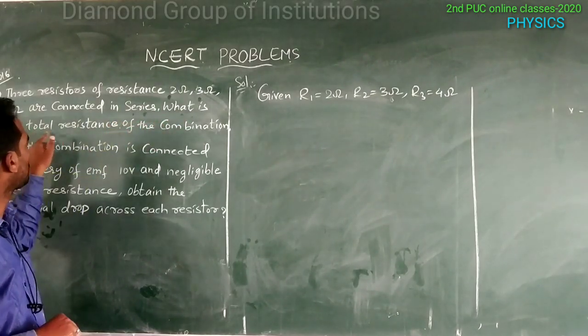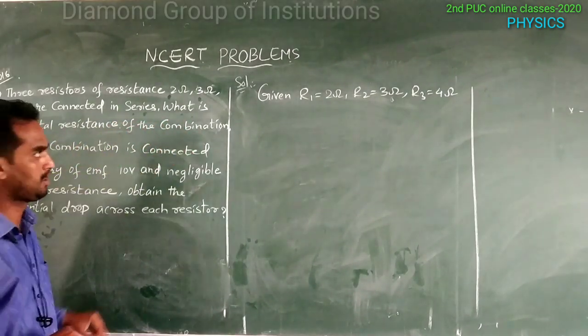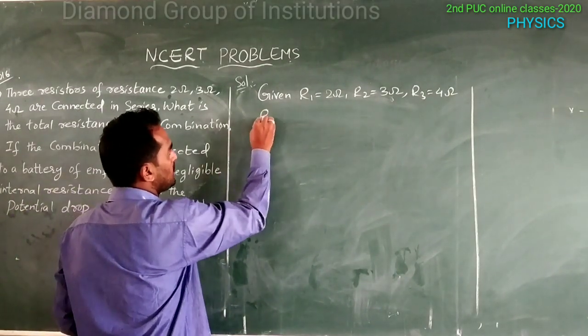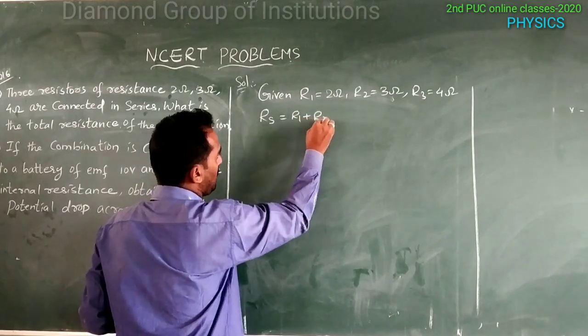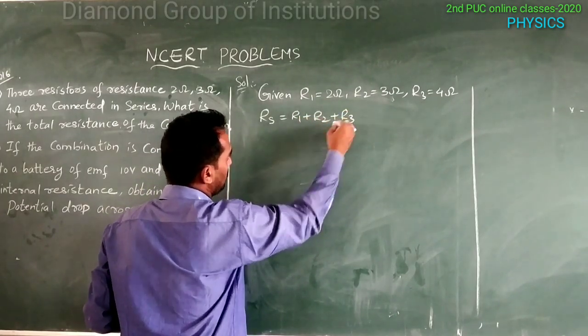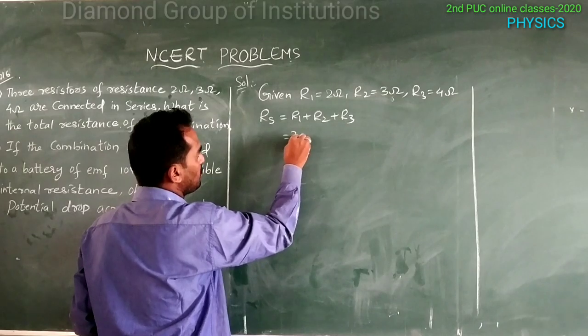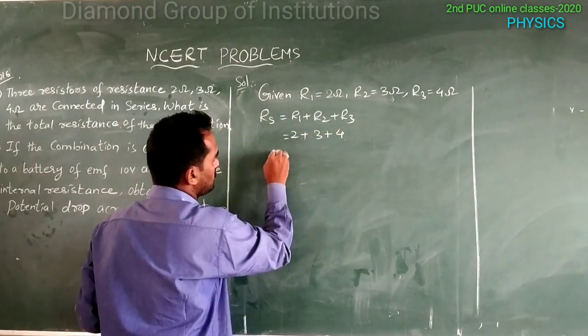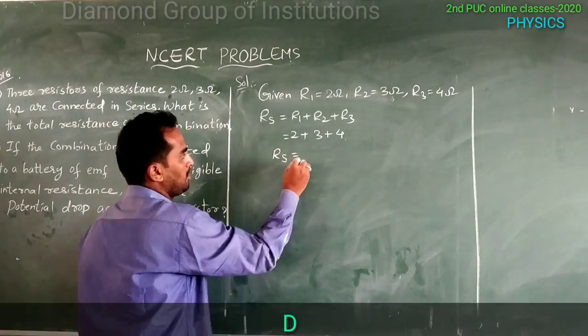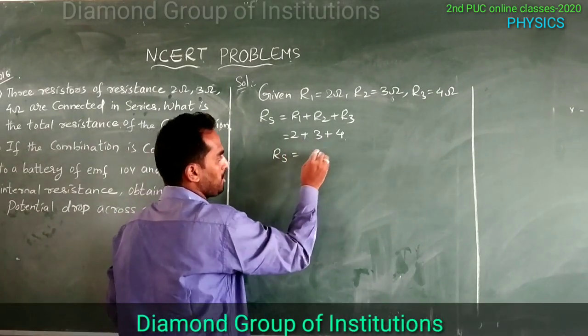What is the total resistance of the combination? So you can use the formula Rs equal to R1 plus R2 plus R3. So 2 plus 3 plus 4. 2 plus 3 is 5, 5 plus 4 is 9.